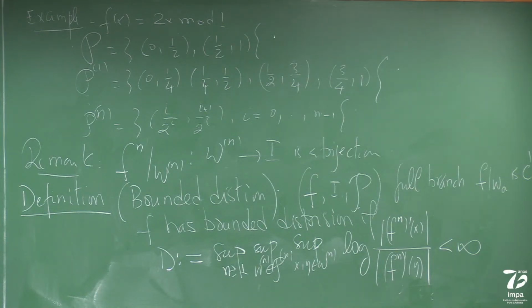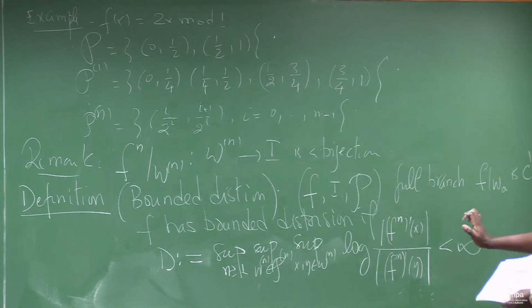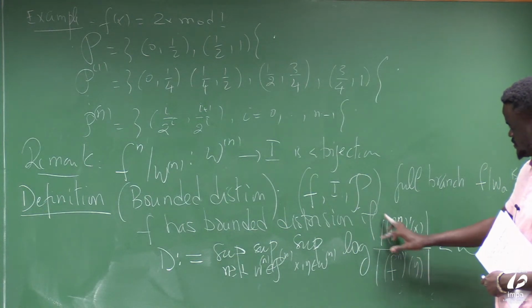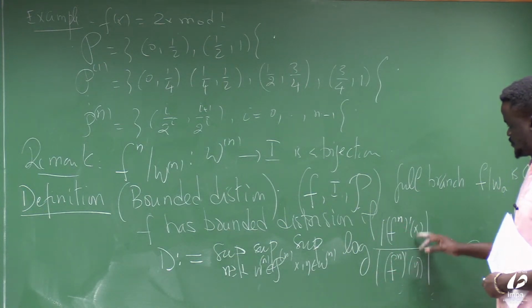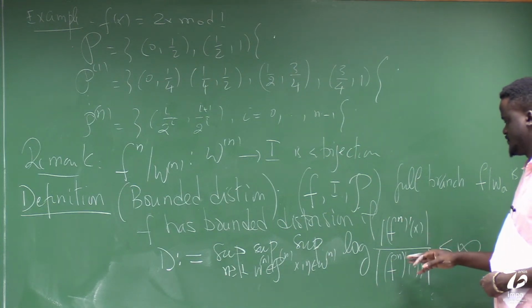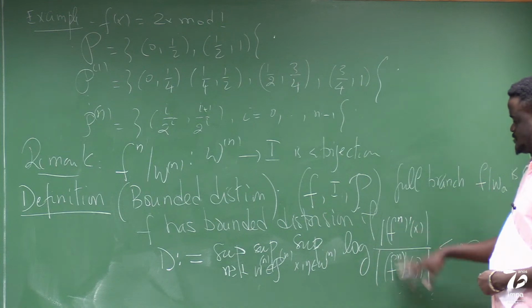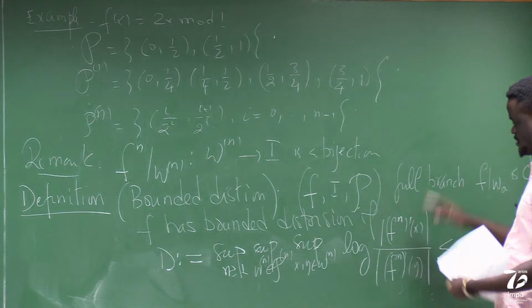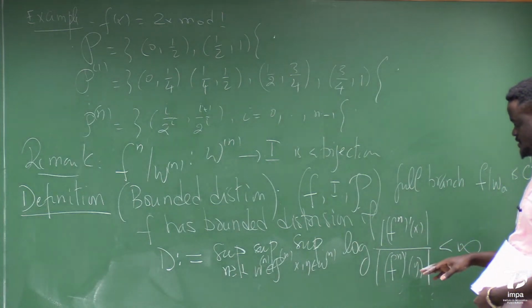So for instance, just looking at this quantity, not putting some condition on x and y, when n goes to infinity, you expect these two to look very different. They might go to plus or minus infinity, okay?